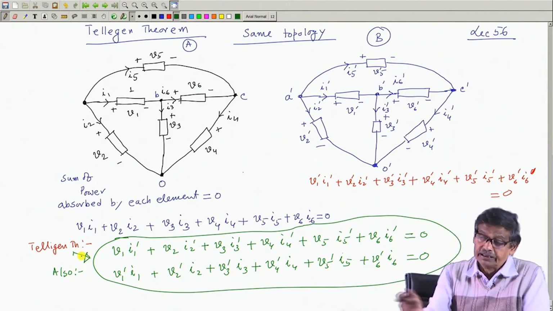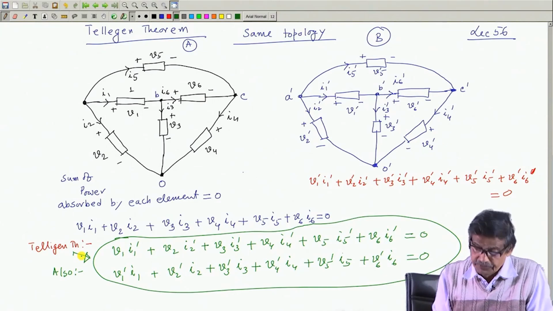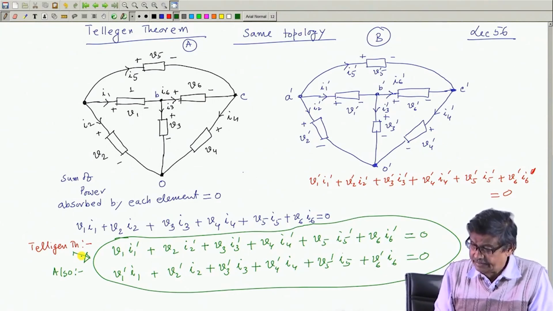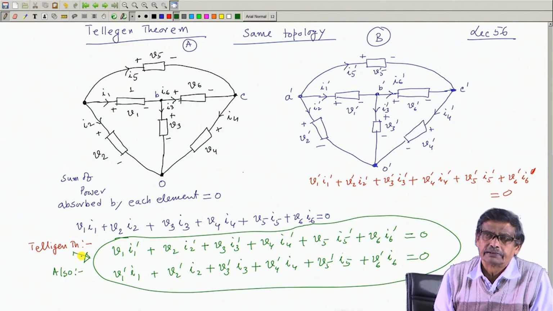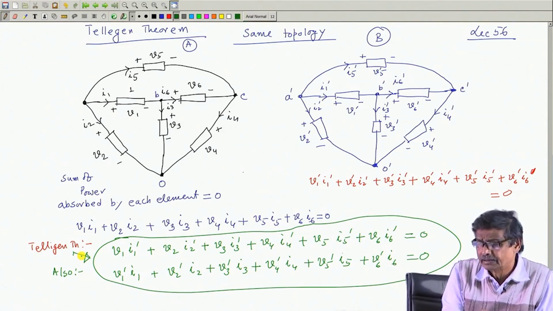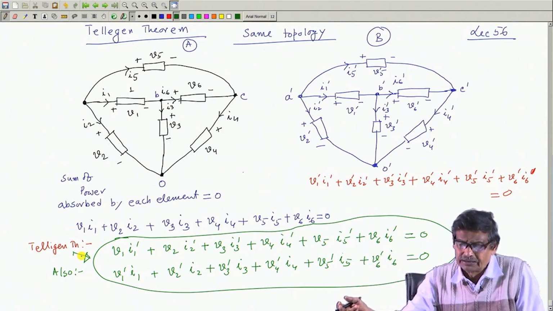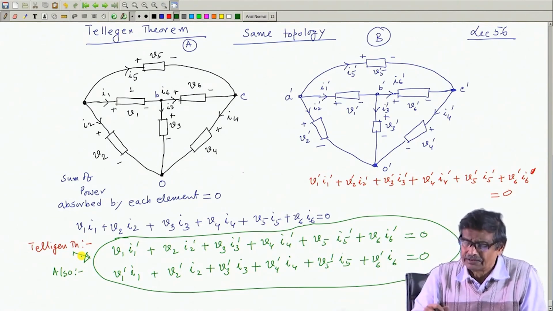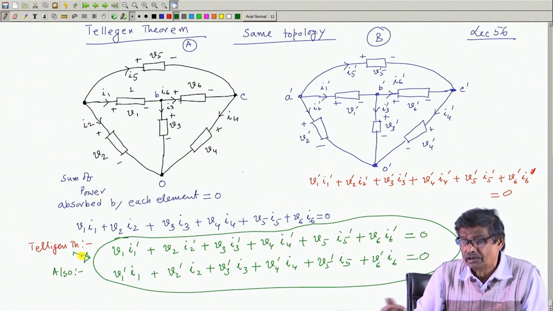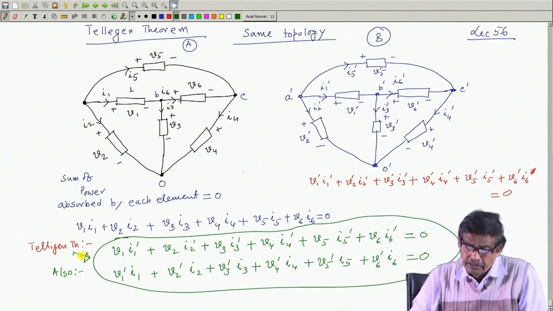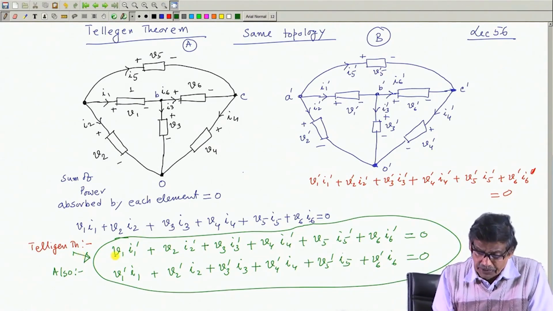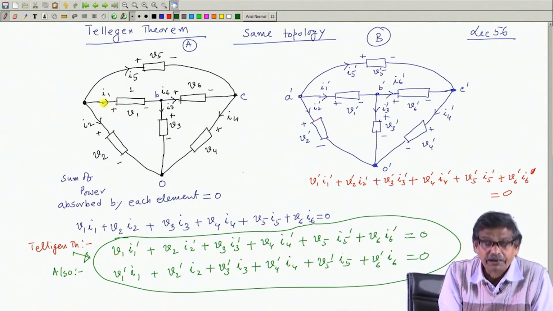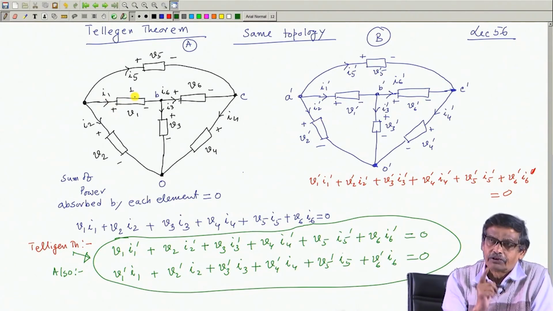Now, we will try to see how this can be proved. Why such a thing which is not so apparent, why voltage of this circuit and current in some other circuit, even if their topologies are the same, why you multiply and sum them up will give you 0. How do you say that? It must be told that this V 1 and I 1 dash, for example, V 1 into I 1, I know specifically it has a physical meaning. What is it? Amount of power absorbed by the load.